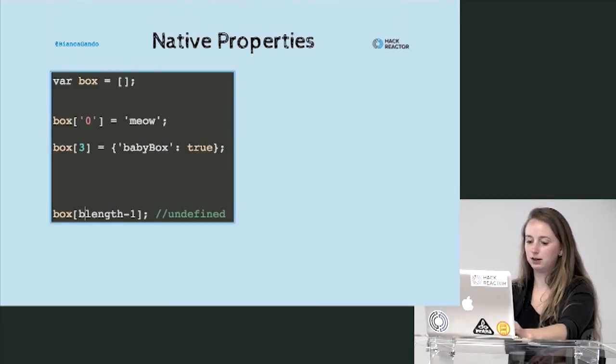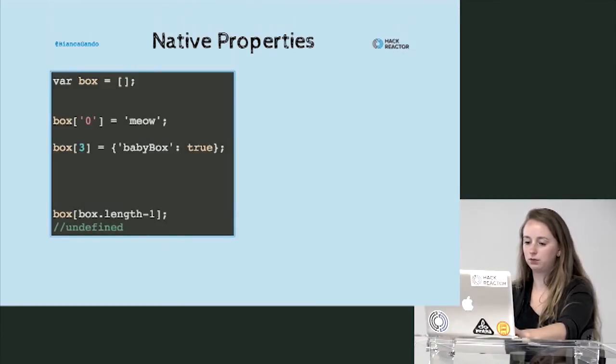So box.length minus 1: box.length is going to be 4, and our last index is 3, as we can see here. So we need to subtract 1. And back to the thing about bracket notation being able to evaluate expressions, this is a perfect example of when you'd want to do that. Here we're doing a property lookup and we're doing math. Those are things you cannot do in dot notation. And it just looks weird, right? Look at this, it just doesn't look right.